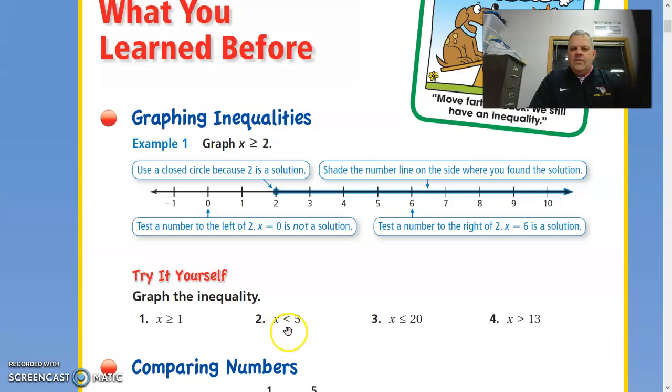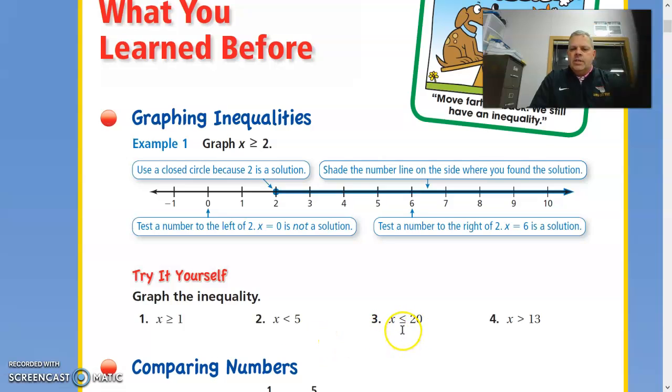Now, if we have something like this in number 2, where x is less than 5, this one will be an open circle. We will not fill it in because 5 is not one of the solutions. So we would not have anything right there. It would just be an open circle, and then we would shade everything to the left. This one, we would have a closed circle at 1, and we would shade everything to the right.